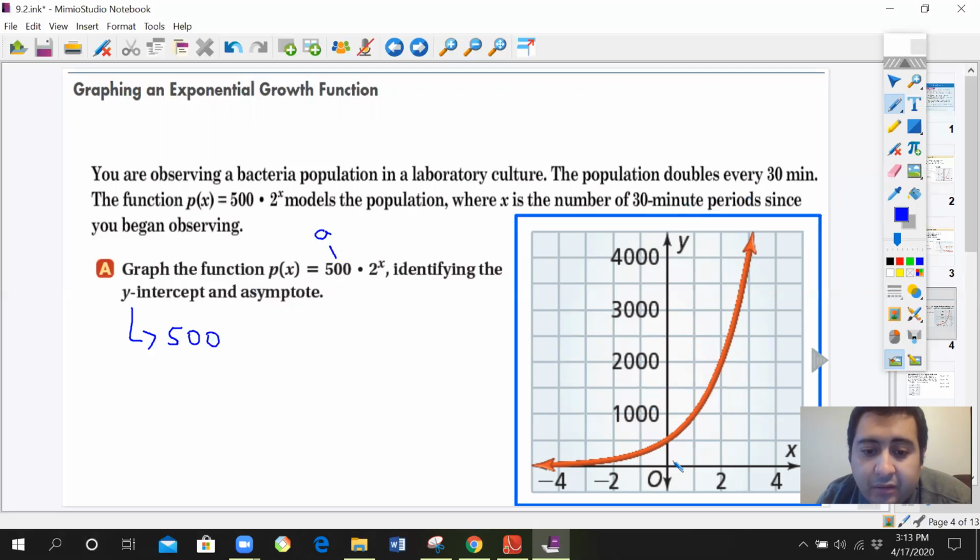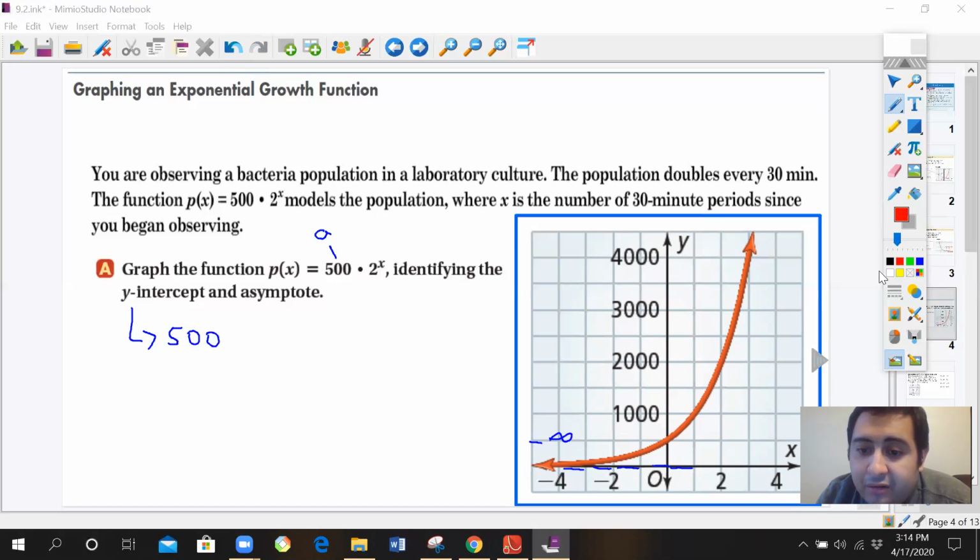That's your y-intercept. For your asymptote, let's look at the graph. The graph is basically this part of the line. It continues all the way toward negative infinity in this direction, but it's never going to cross the line of the asymptote, this dotted line.